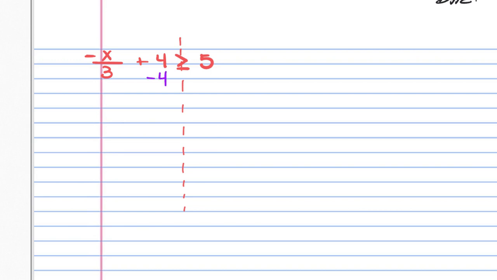First thing I would do is undo my subtraction. I'd get -x over 3 is greater than or equal to 1. Now this is still causing a lot of students a problem. This fraction here, you want to get rid of the 3 and the negative at the same time. What's been helping students, I think, is, hey, when there's a single x or a single term up there, you can put that negative in the denominator if you want to.